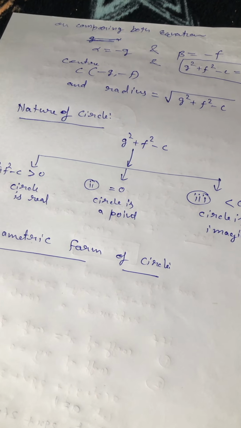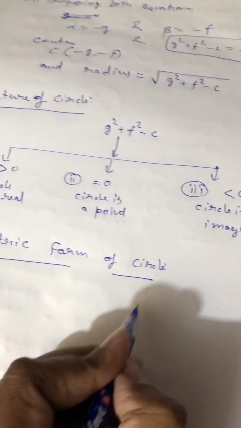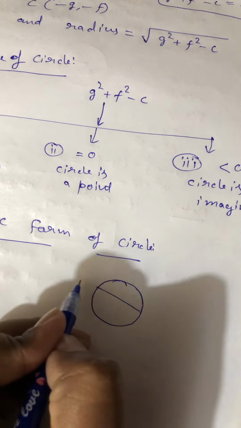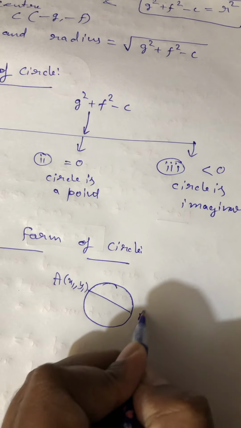If the end points of a diameter of the circle are given, then we can also find the equation of the circle. Suppose we have a circle whose end points of diameter are (x1, y1) and (x2, y2).